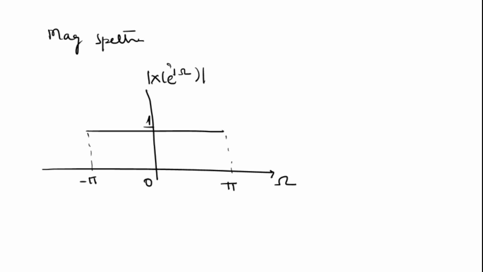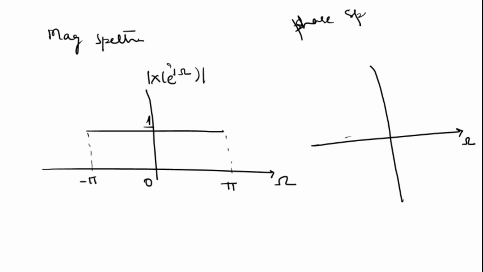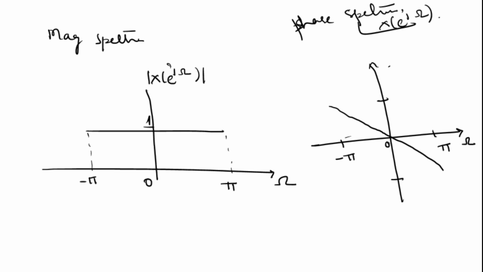And the phase spectrum will be this, phase spectrum of X of e power j omega. It is 0, here it is pi, here it is minus pi. It is minus 2 pi, here it is plus 2 pi.